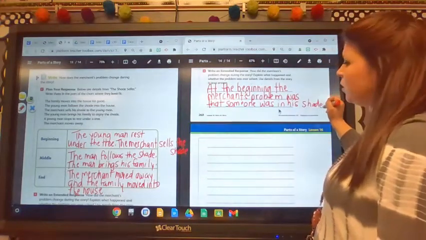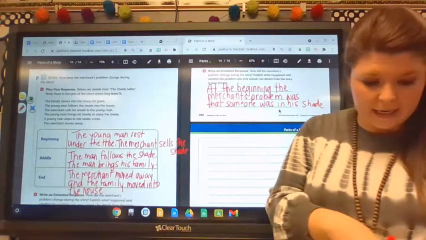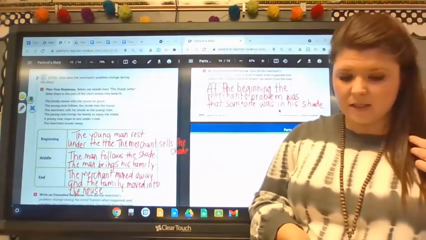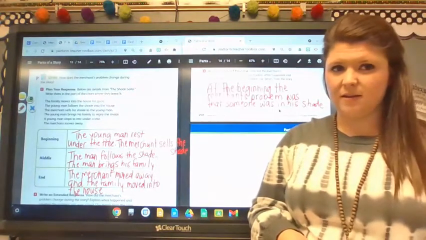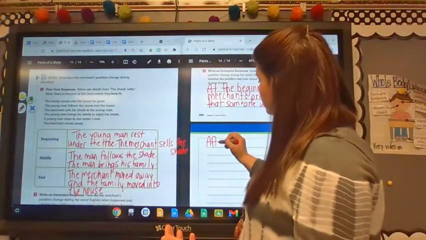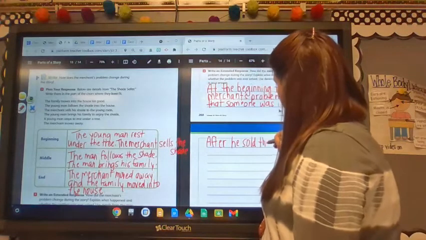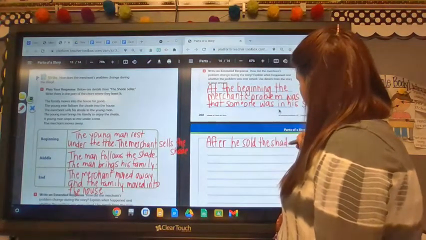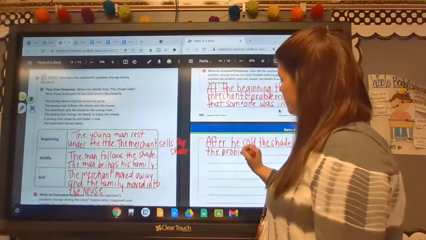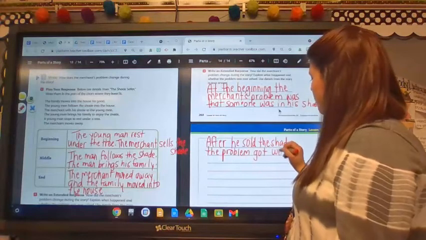Now, in the middle, did his problem of that person being in his shade get better? Or did the problem get worse? It got worse, didn't it? So after he sold the shade, the problem got worse. Because the man moved with the shade.